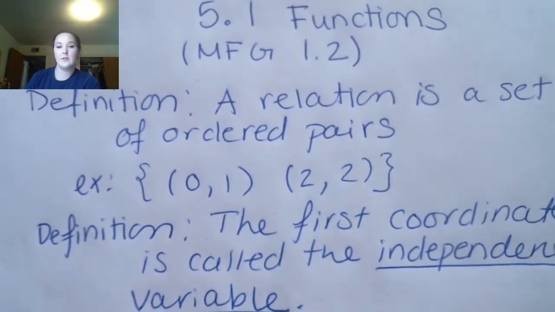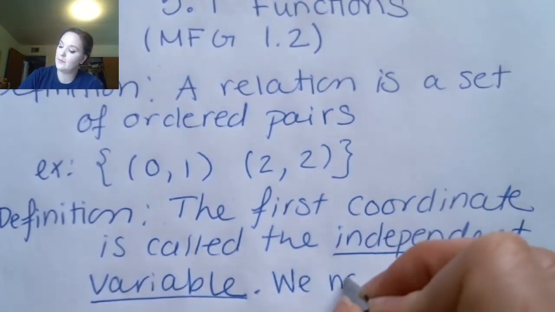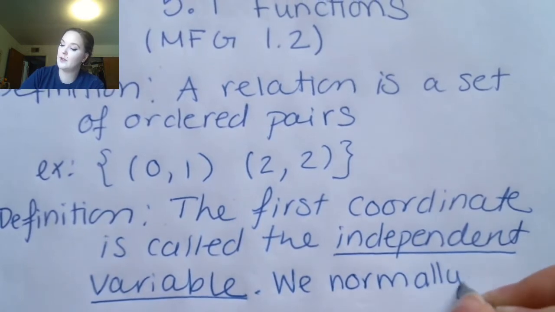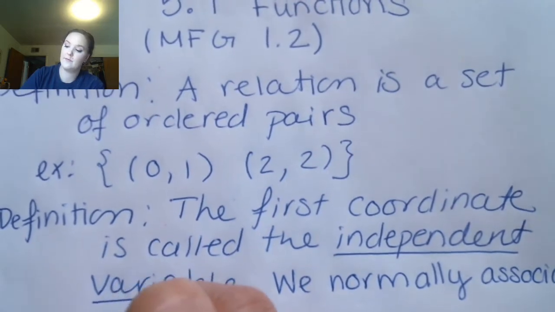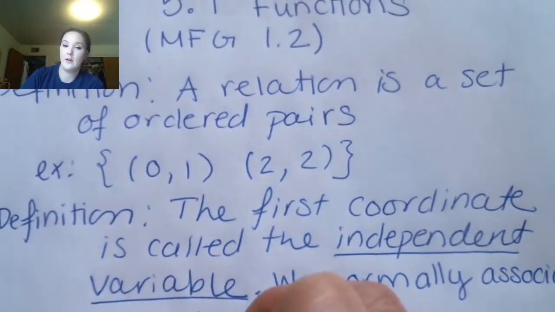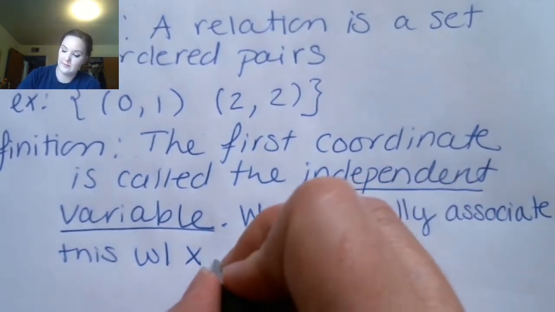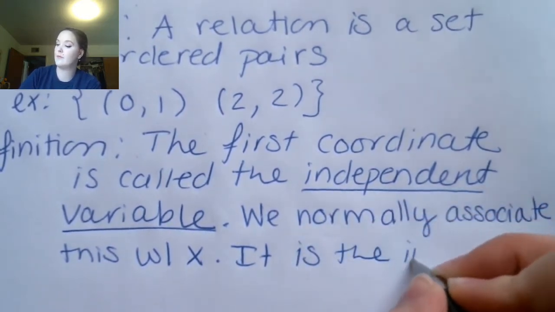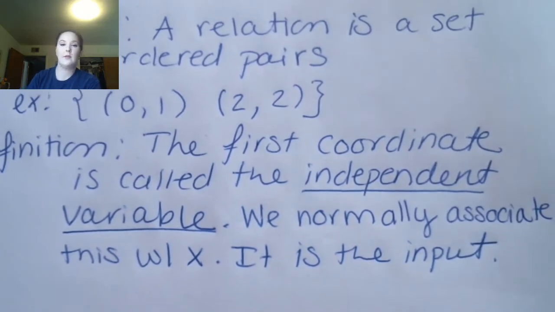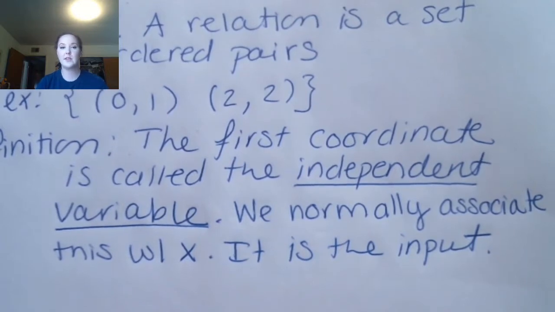The first coordinate is called the independent variable. We would normally associate this with x, although it doesn't have to be x. And this is the input. The way of talking about independent versus dependent variables is something that they talk a lot more about in science.